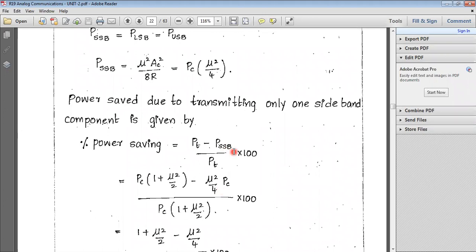PT equals PC into 1 plus mu square by 2, and we substitute PSSB as mu square by 4 into PC.